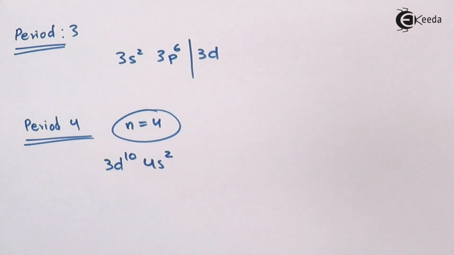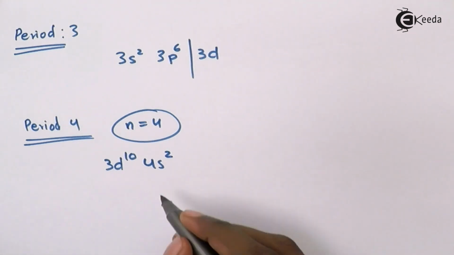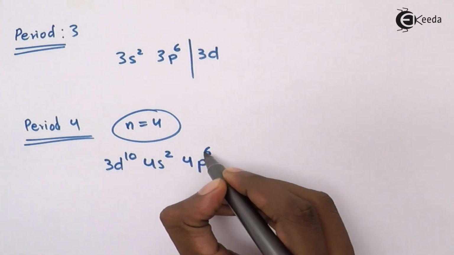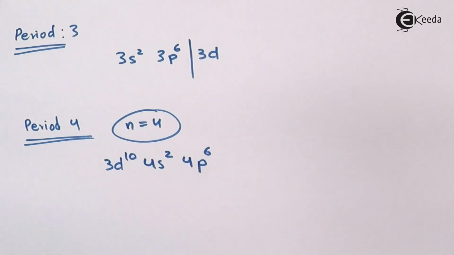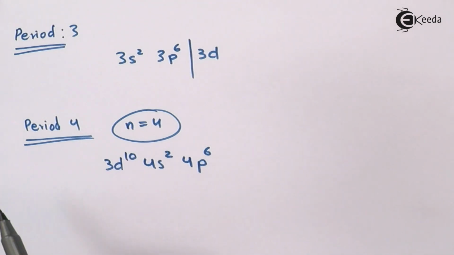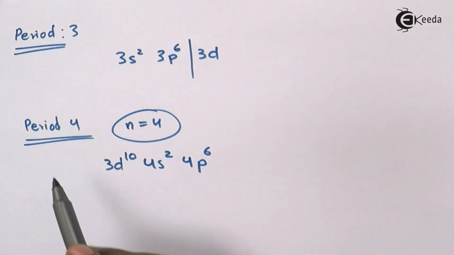After 4s is filled, electrons enter the 4p orbitals, which can acquire a maximum of 6 electrons. So the number of elements is 10 plus 2 plus 6, making a total of 18 elements in period 4.